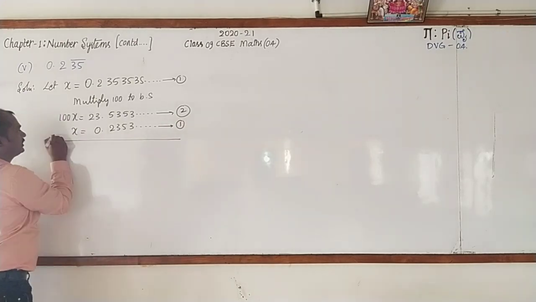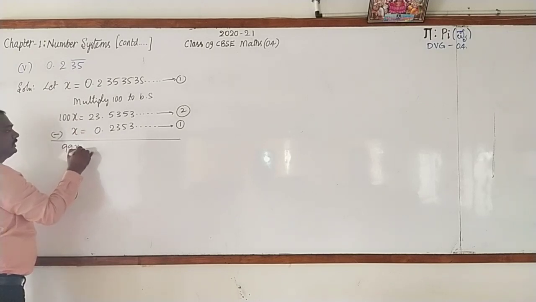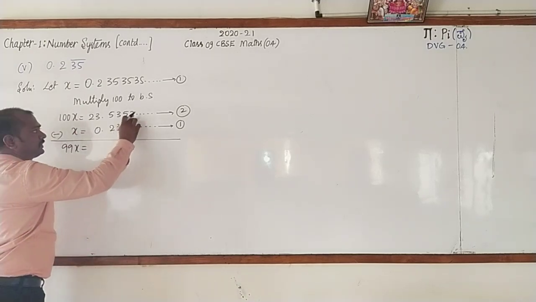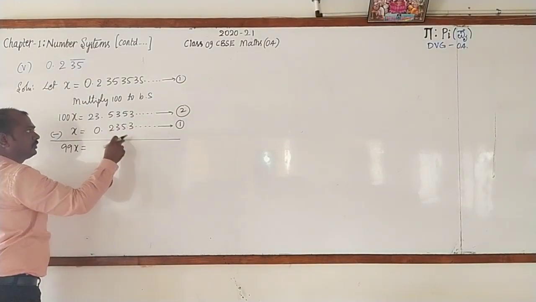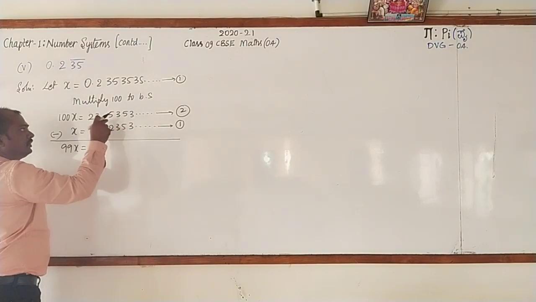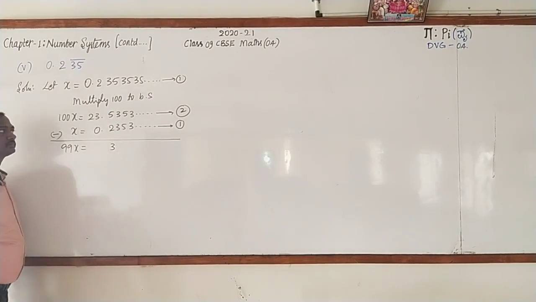Now as we are subtracting, just write the minus sign here. What is 100x minus 1x? It is 99x. Now subtract here. 3 minus 3, 0; 5 minus 5, 0; 3 minus 3, 0; 5 minus 2, it is 3.